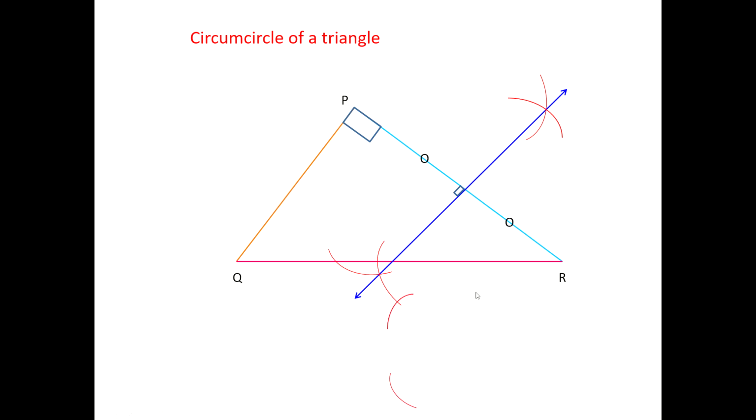Let us see another side. We are taking now side QR, and from R, by the same method, we have taken more than half of the length of segment QR as the radius, and from R we have drawn arcs on both sides. With the same radius, we have shifted the compass to Q, and from there we have drawn arcs on both sides such that they intersect the previous two arcs, as you see in the diagram, and then we draw a line passing through them.